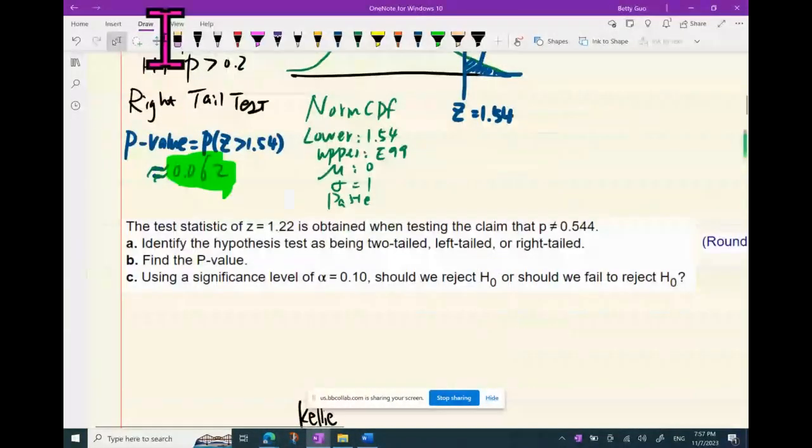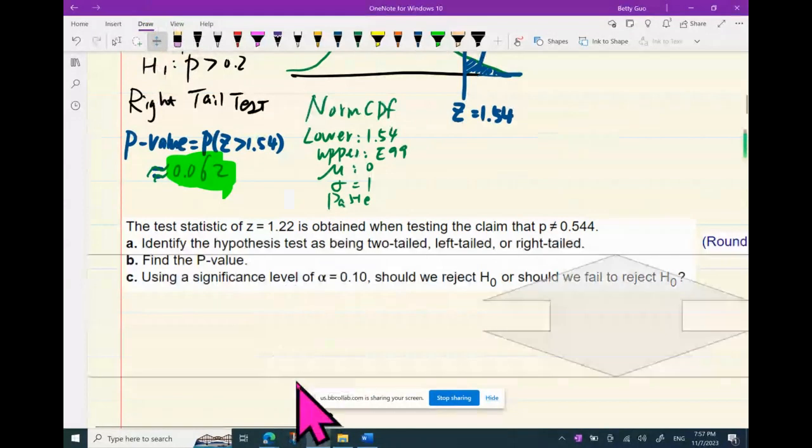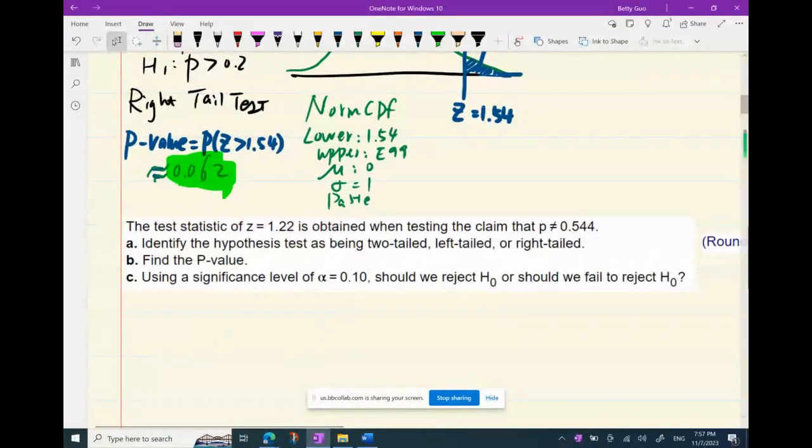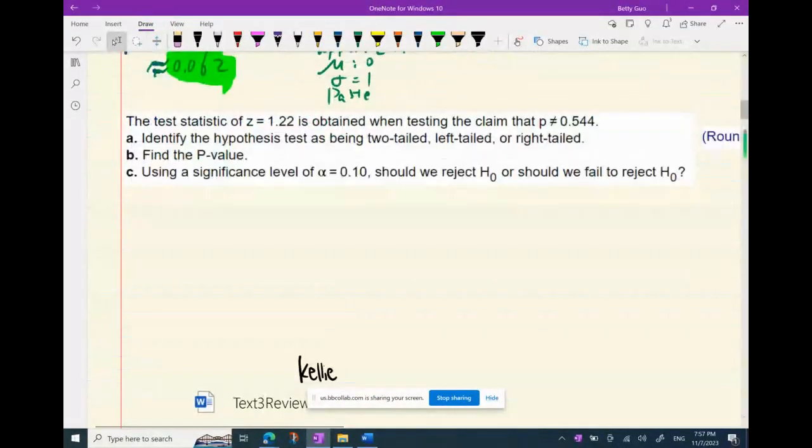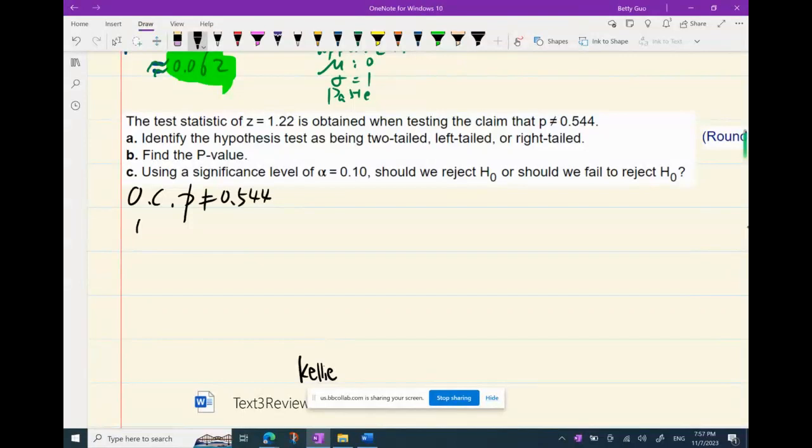Okay, so here, number 4. The test statistic is z equals 1.22. The original claim is given: p not equal to 0.544. The null always has just equal to, so the original claim would be the alternative, p not equal to 0.544.